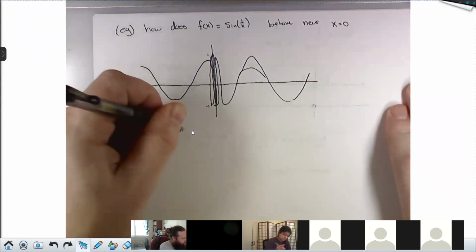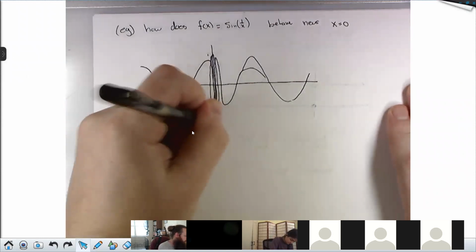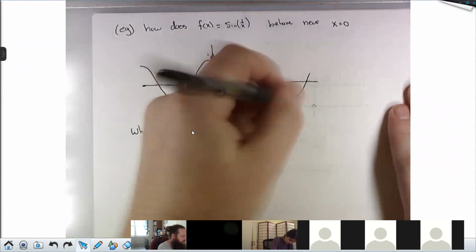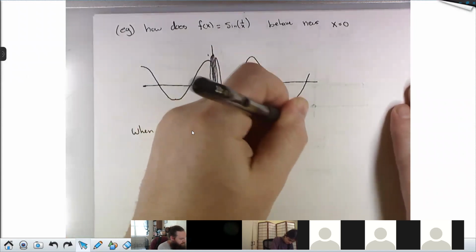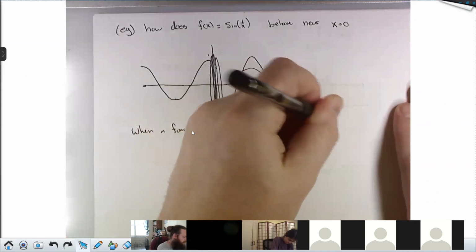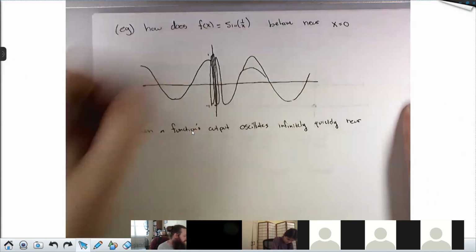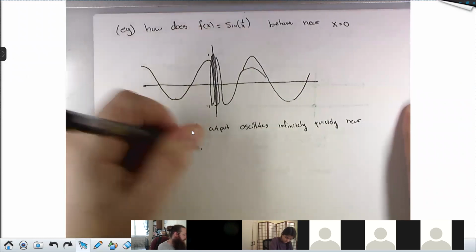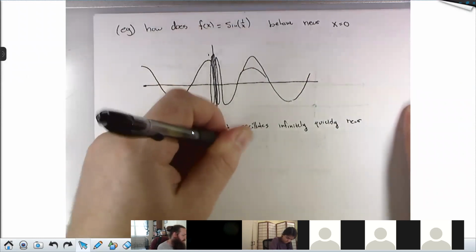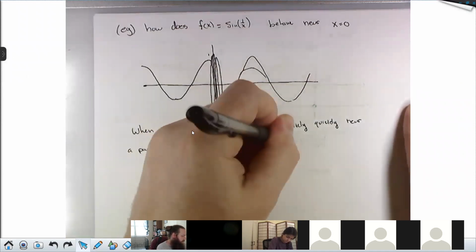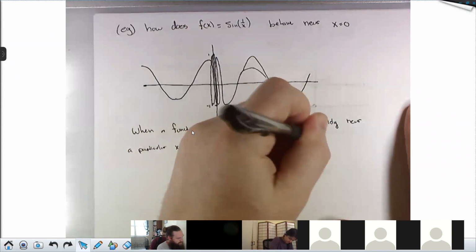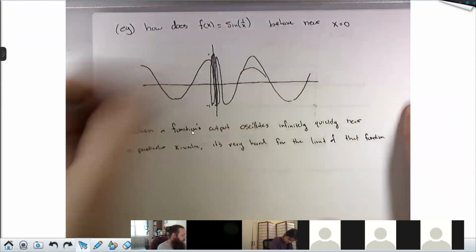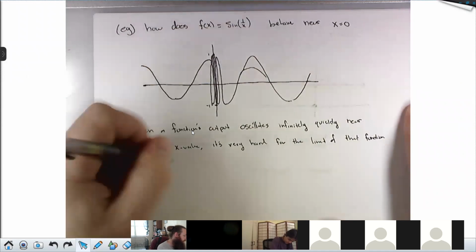when a function's output oscillates infinitely quickly near a particular x value, it's very hard for the limit of that function to exist at that x value.